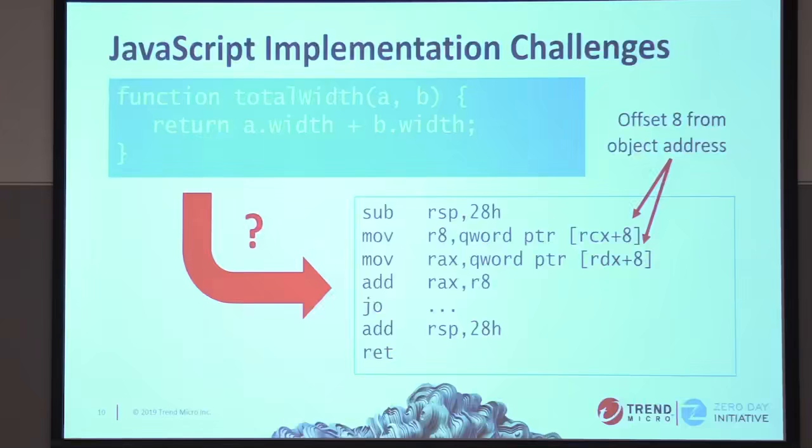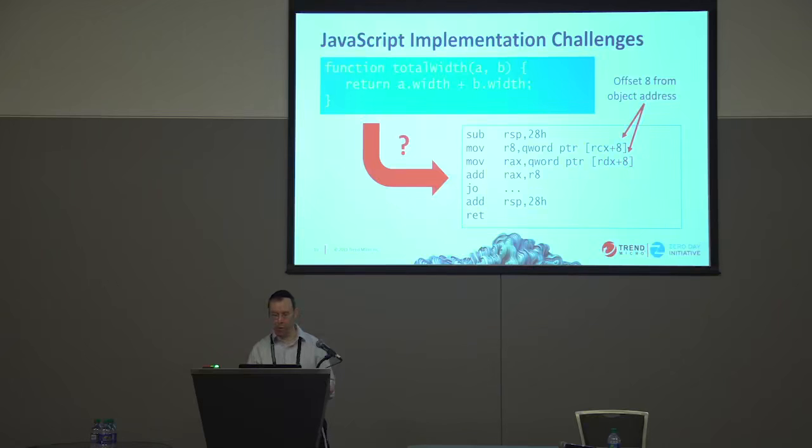Shown here is what we'd like to achieve in an ideal sense. This is how total width could theoretically be compiled to native x64 machine code. Ideally, the total width function would be implemented in just a few machine instructions. The idea is that the compiler would know where the width property is located within the objects of the type we're dealing with here.